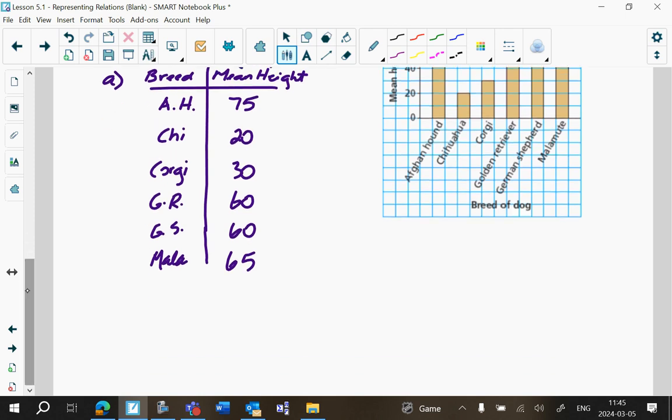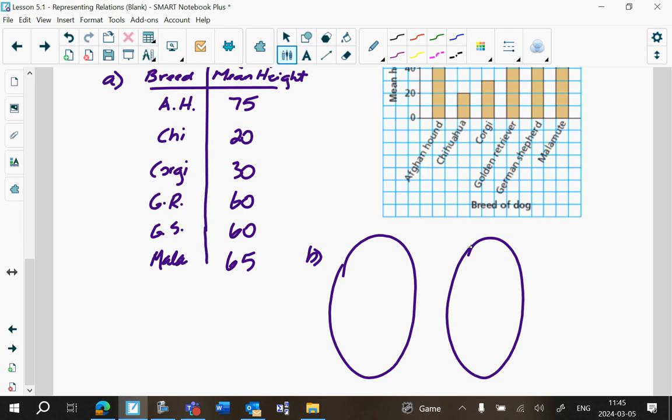And then as an arrow diagram, again, 2 ovals. Put the 6 dog breeds and how they appear on the graph. Corgi, Golden Retriever, German Shepherd, and the Malamute. Can't believe they don't have a lab in there. And then just list the numbers, 75, 20, 30.